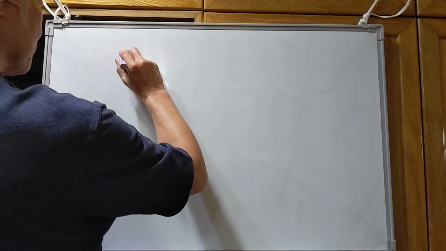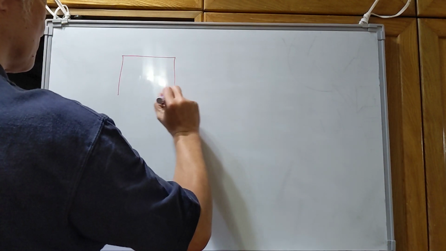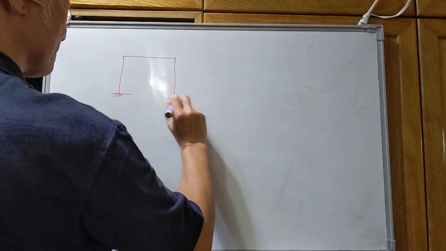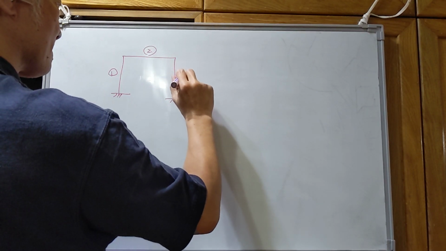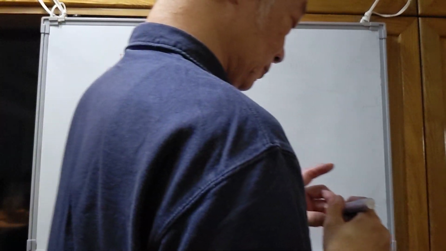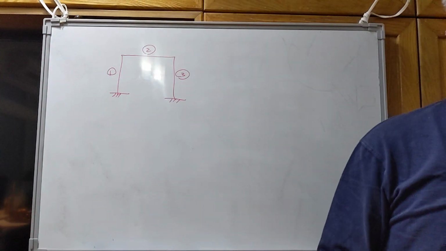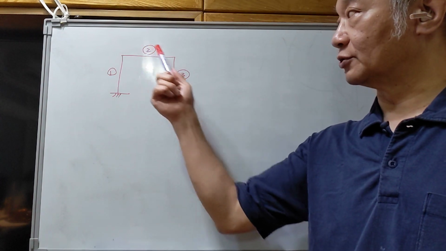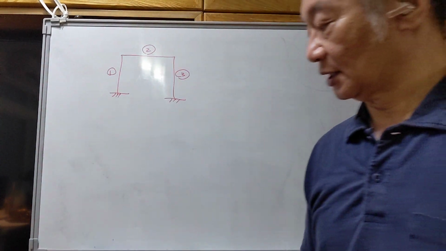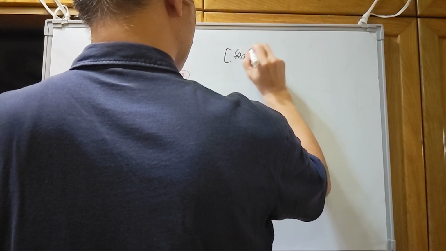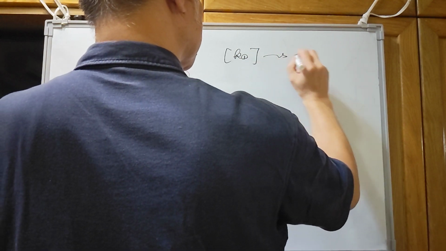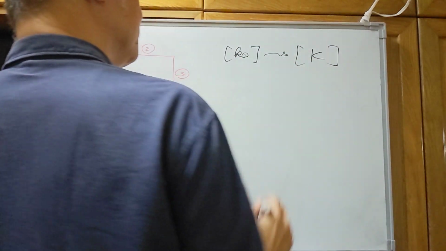For example, for this problem, we have elements 1, 2, and 3. If we calculate the element stiffness matrix and assemble it to the global K.